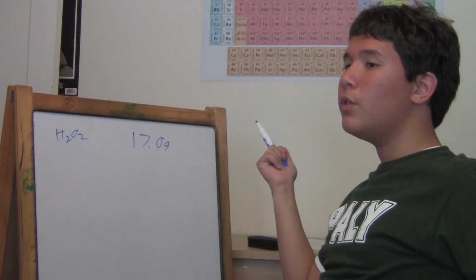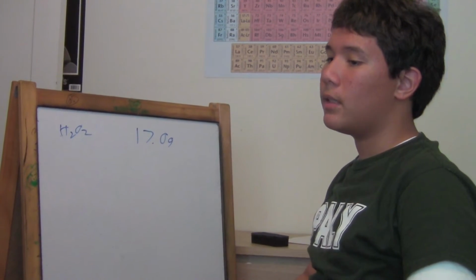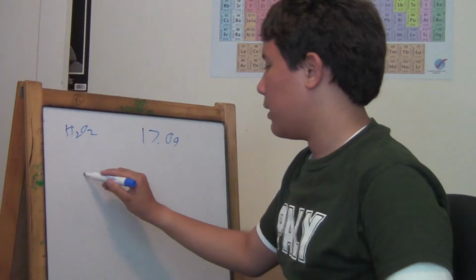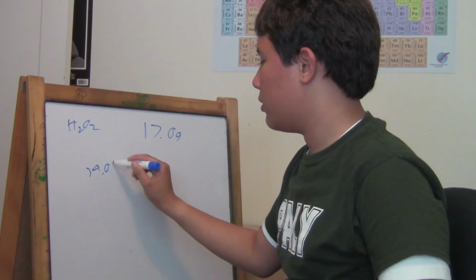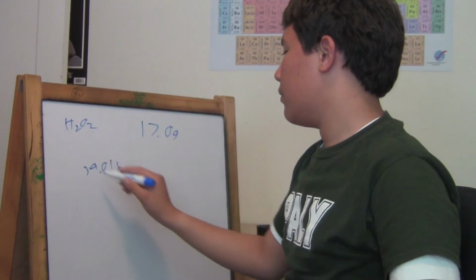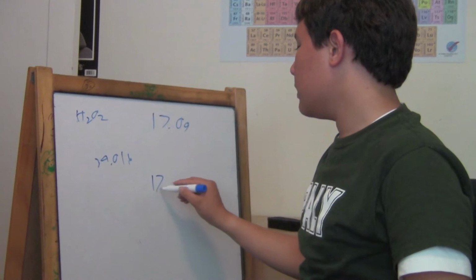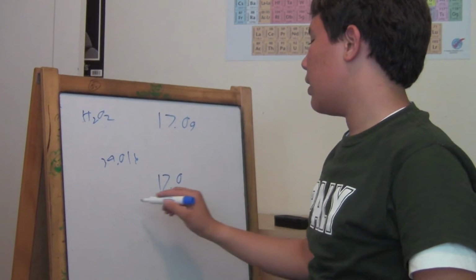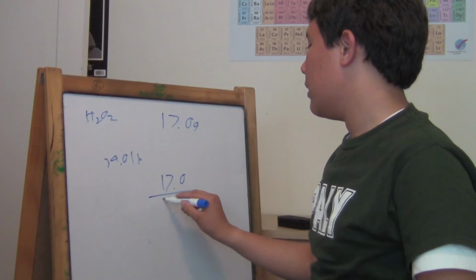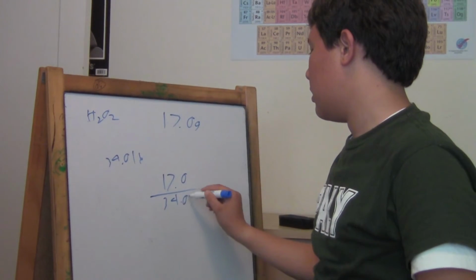Well, using what we found earlier on the molar mass, which again is 34.016, we put the amount of grams there are, and we divide it by the molar mass.